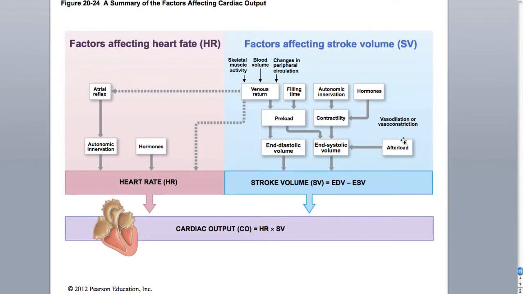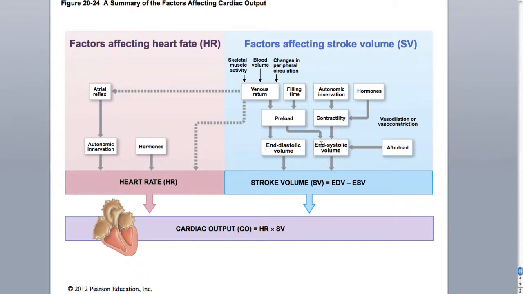If the blood vessels do not do a good job at removing the blood in the aorta away from the aortic valve, then I'm going to have a higher afterload. So if I can't get blood vessels to move the blood away from the aortic valve, higher afterload, which means I have a higher end systolic volume.